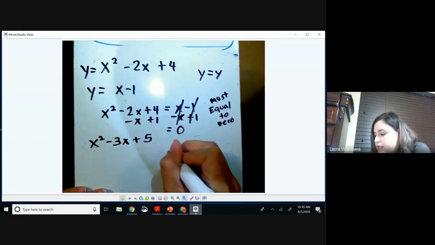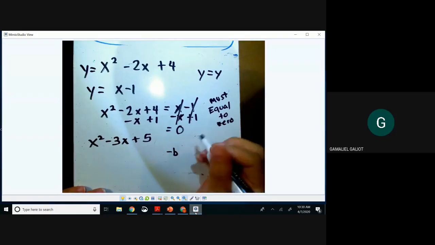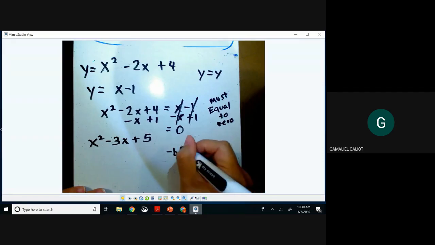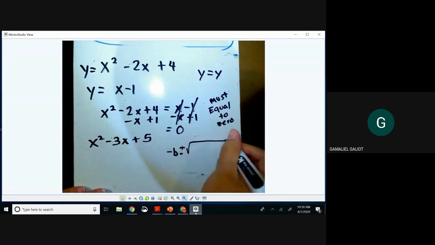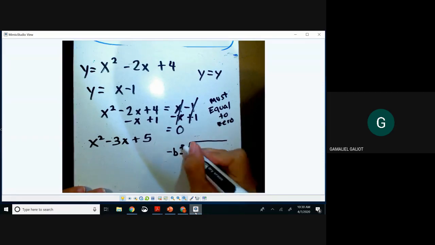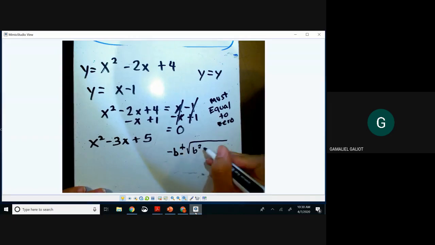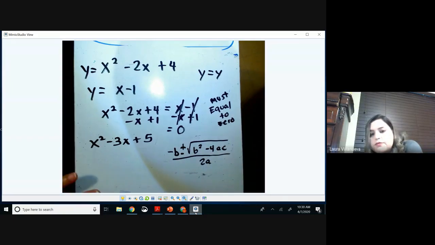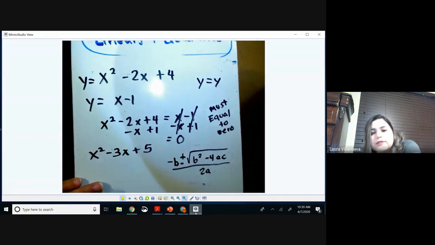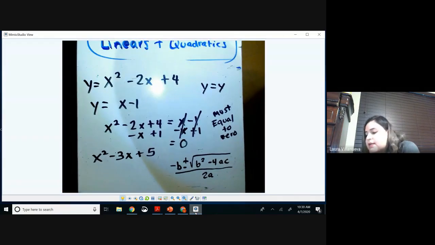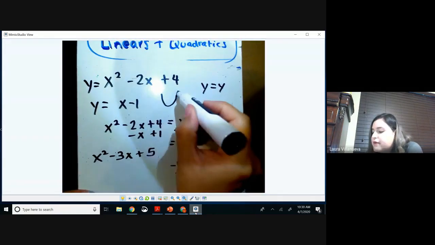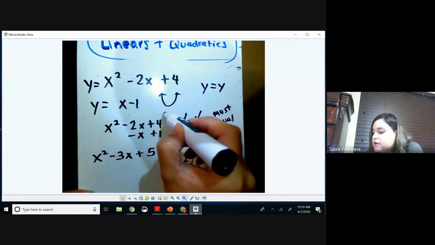The formula in itself: negative b plus or minus the square root of b squared minus 4ac, over 2a. Okay, so remember you have to equal it to 0. It's pretty much the same thing we've been doing, except now you have a line and you have a quadratic.